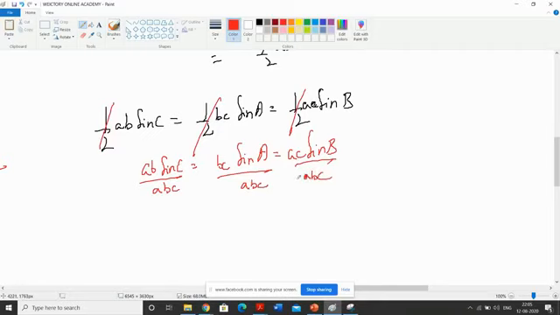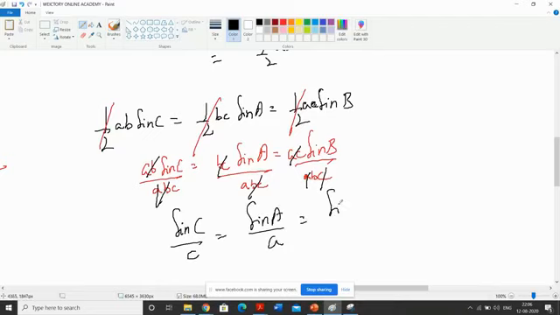We can divide by any number on both the sides. So now if we see here, ab and ab get cancelled out, bc gets cancelled out, ac gets cancelled. So what will we be left with? Sine C over c equals sine A over a equals sine B over b. That's the sine rule.